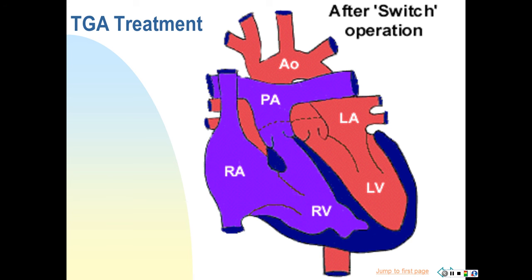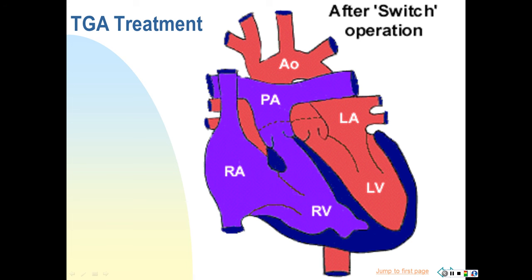And the reason they died is, can you think of something that would come off of the aorta that, if we didn't move it, could kill a kid? It's not in this picture, so you may know it if you know your cardiac anatomy really well. Coming off of your aorta is your coronary arteries.